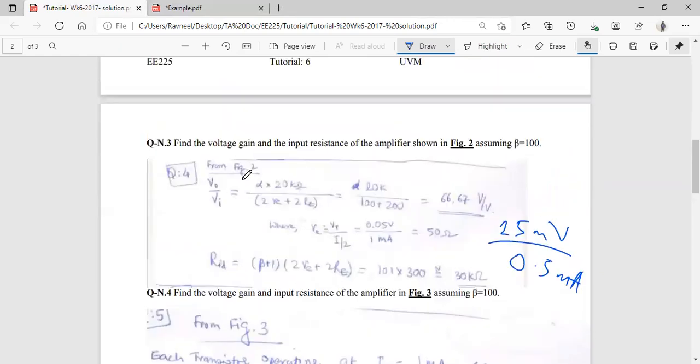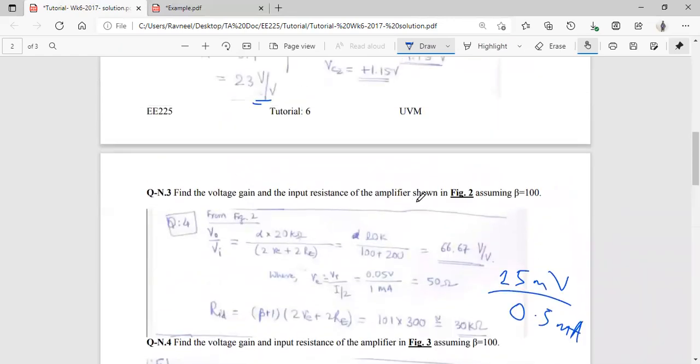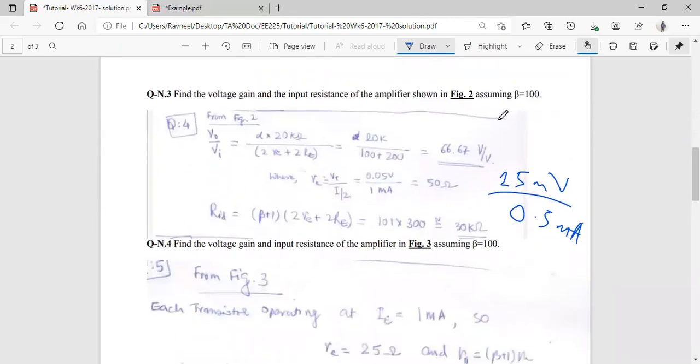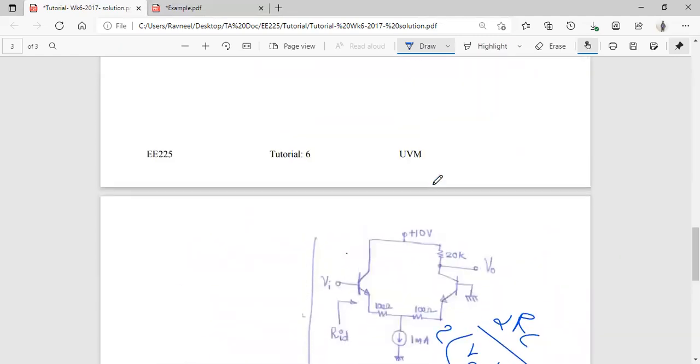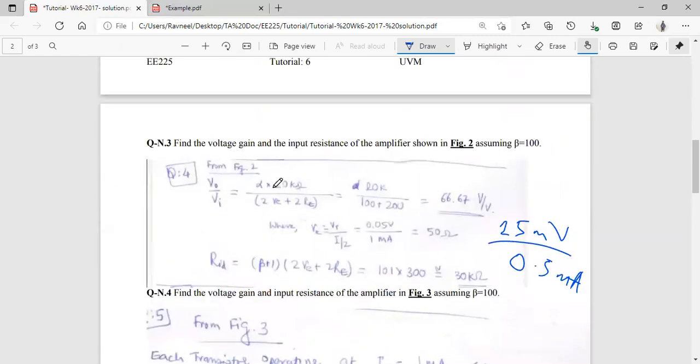Next, we also need to find the input resistance of this differential amplifier. Again, I'll give you a short way of remembering this. It is basically beta plus 1 times 2 RE plus twice the emitter resistance.